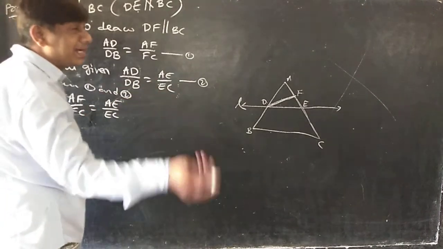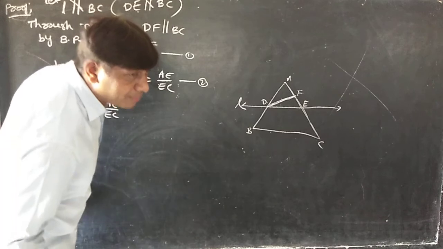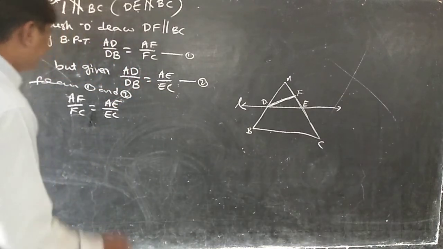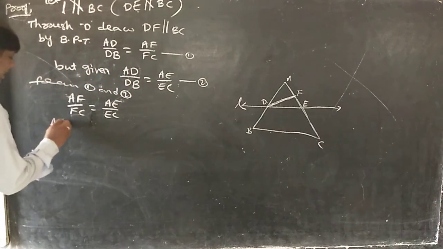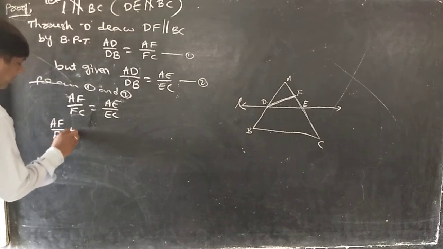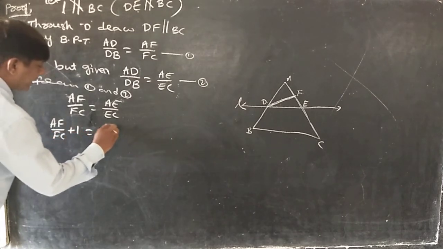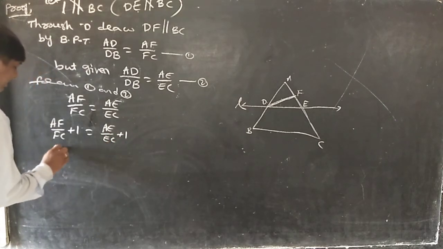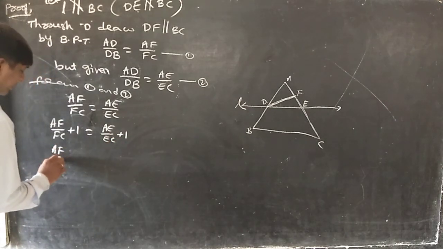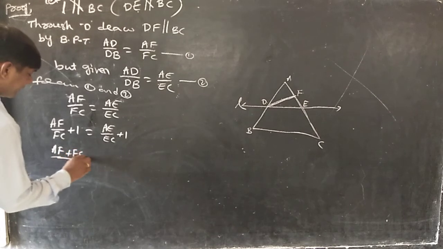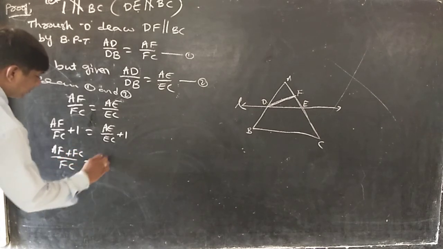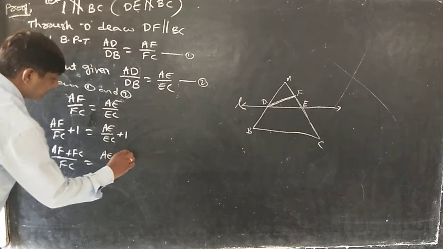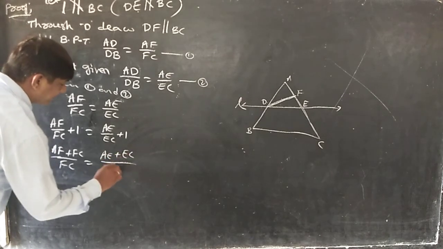Now add one on both sides, that is nothing but the componendo law. AF by FC plus 1 is equal to AE by EC plus 1. If you take the LCM, AF plus FC by FC is equal to AE plus EC by EC.